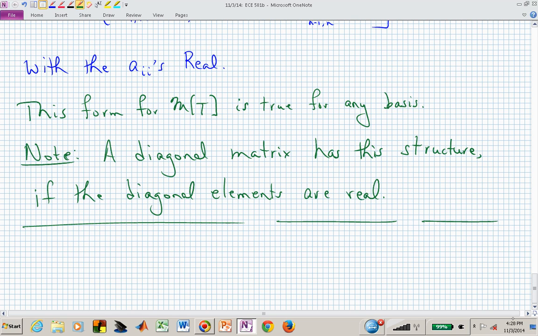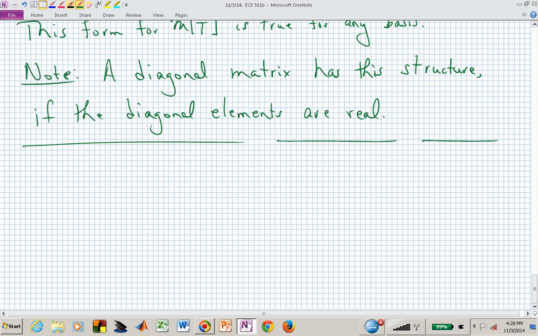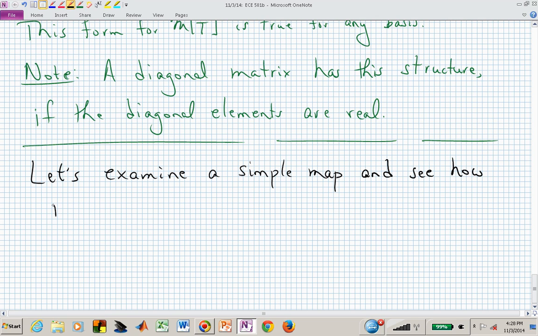Let's now look at an example of a self-adjoint map, and it's going to be a simple example. Let's examine a simple map and see how the concepts from this simple map might generalize.